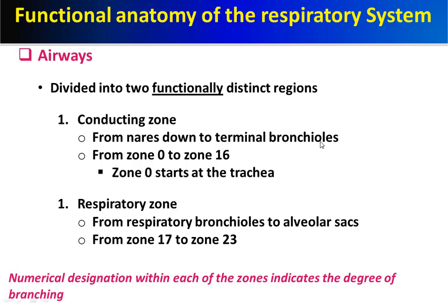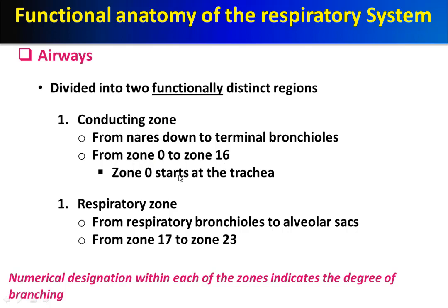Or some people prefer to start the conducting zone from the trachea, and they give the trachea the level 0. So from zone 0, which is the trachea, up to zone 16, which is the terminal bronchioles, this is the conducting zone.